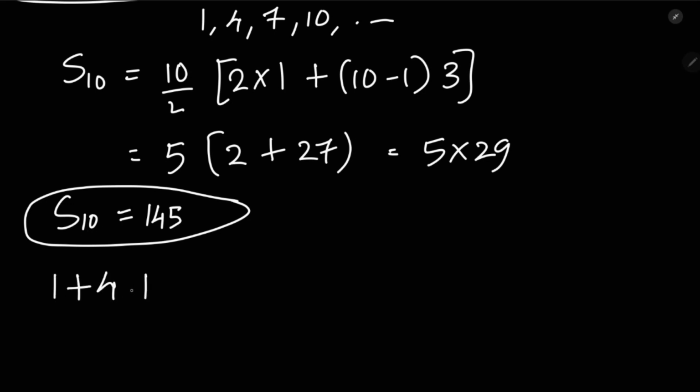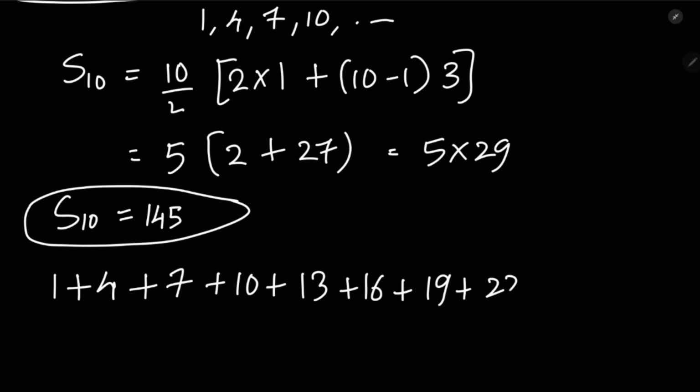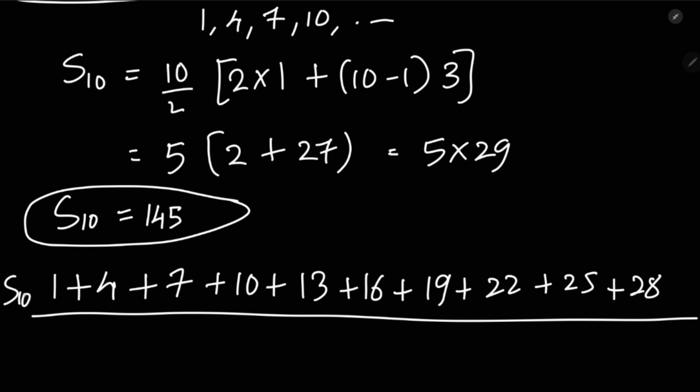So this is 1 plus 4 plus 7 plus 10 plus 13 plus 16 plus 19 plus 22 plus 25, I think I have got 9 terms, and one more, 28. So this is the sum that we are calculating. This is S10 for this arithmetic progression. So I have calculated from the formula that it is 145. And if you want to verify, you can manually add all these and you'll get the same answer.